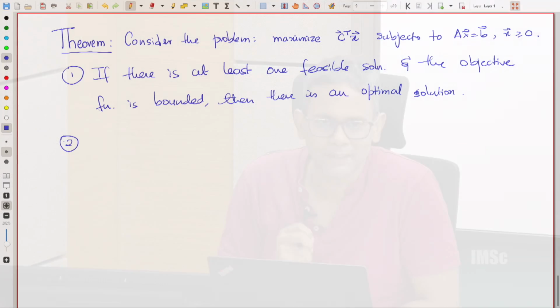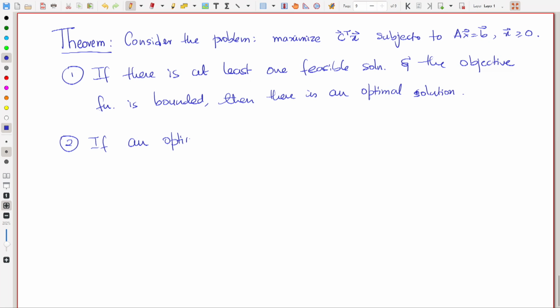And the second point is that if an optimal solution exists, then there is a basic optimal solution. I am not saying that all optimal solutions are basic, but if an optimal solution exists, then there is a basic one.